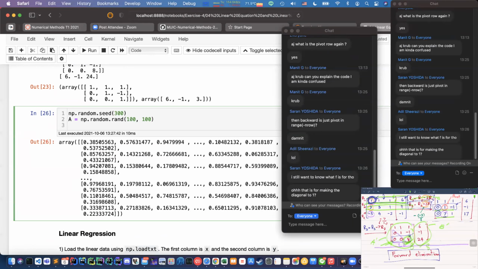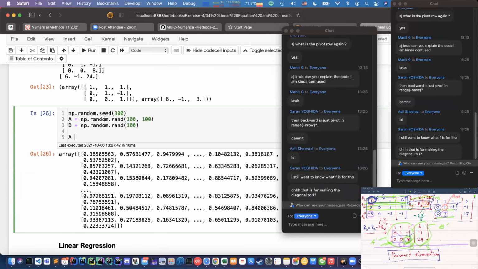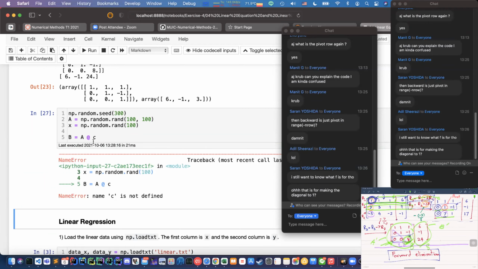But put this thing, and then B is A and X. This is X, and the guess I call it X.